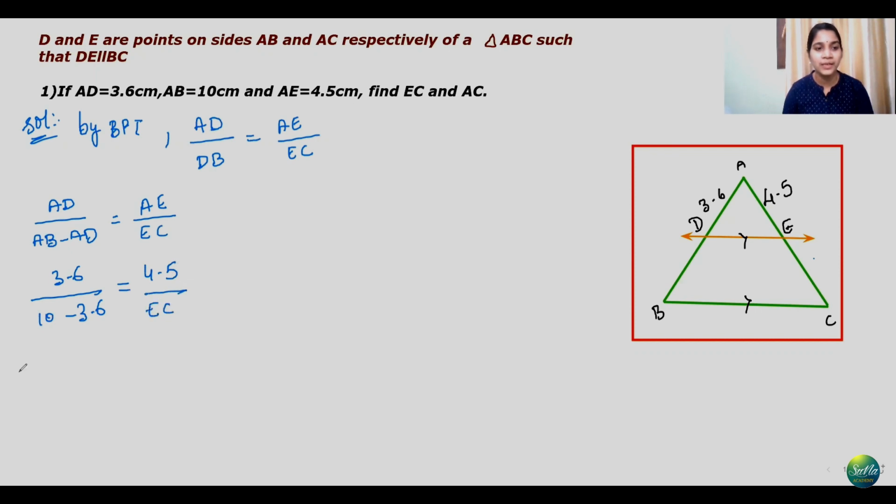So from here, 3.6 by 10 minus 3.6 is 6.4, which is equal to 4.5 by EC now. So EC we can find out very simply. EC is equal to 4.5 into 6.4 by 3.6.